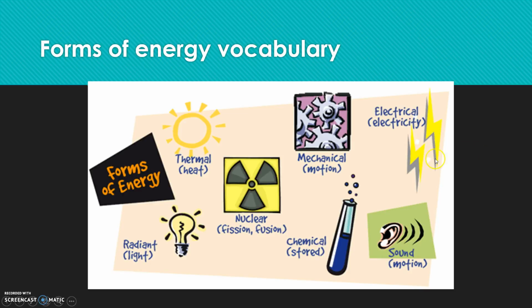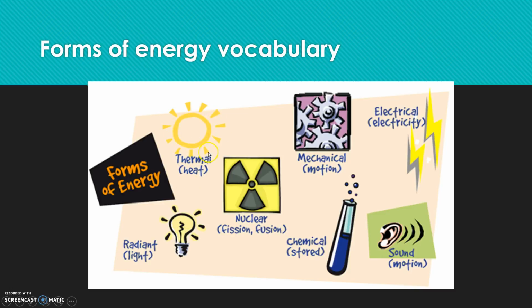Some that you know of offhand are electrical or electricity, sound, chemical from chemistry, mechanical is motion, nuclear is a type of energy that we make electricity with, thermal heat and radiant light sometimes can be similar to each other.